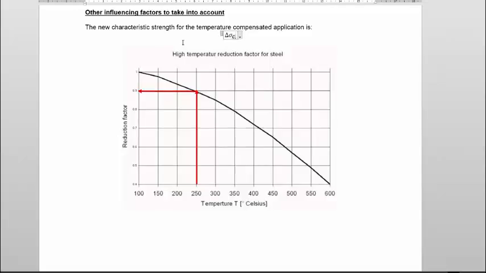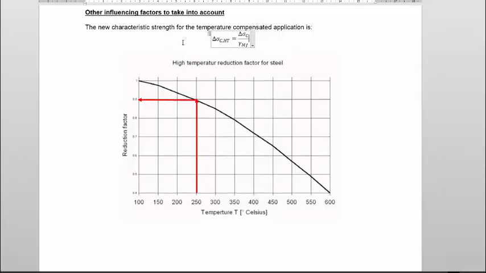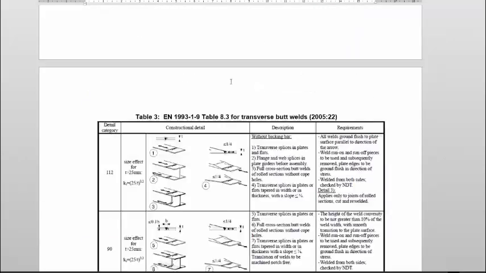Let's call it delta sigma C, high temperature, which is equal to the original delta sigma C that we had, the original characteristic strength, divided, of course, by gamma MF, because we still need to, and multiplied by the factor that we see below, which is 0.9. Right, because that's the reduction factor that we have for temperature. Let's see what the next question is.